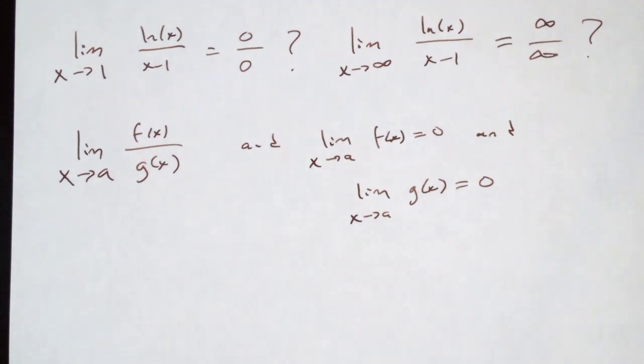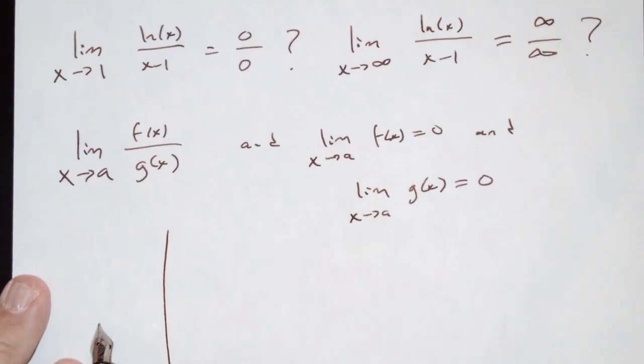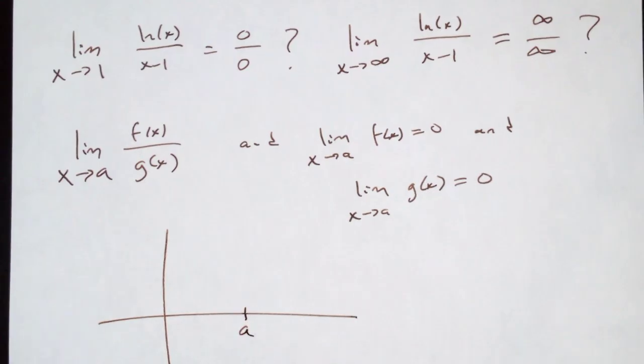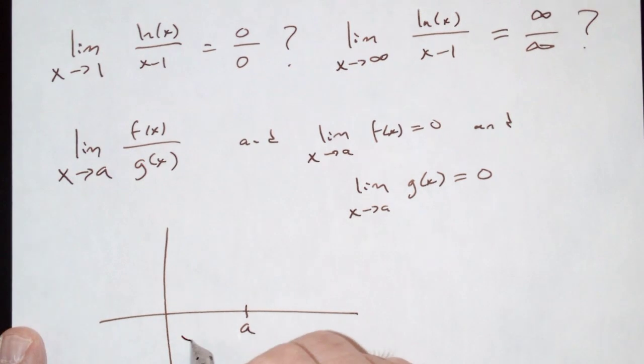What would a graph look like? If I graphed f and I graphed g, knowing nothing else about them, I would know they have an x-intercept there, right? So I don't know what the graph of f looks like, but let's make an assumption.